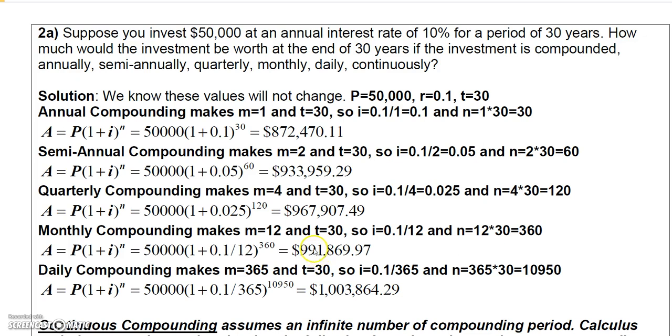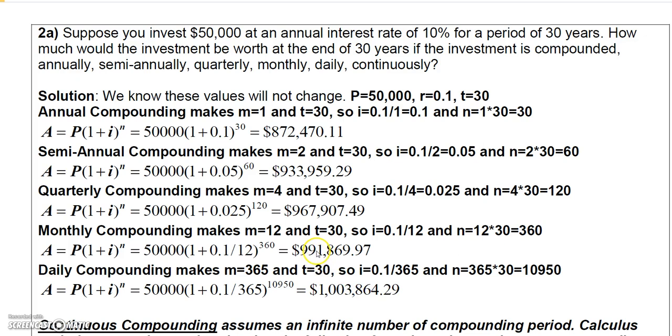Okay, now finally, let's go to daily compounding. If you do daily compounding, then that would mean M is 365. So I would be 0.1 divided by 365, and N would be 365 times 30, which is 10,950. So replace I with 0.1 over 365 and N with 10,950, and I get a little bit over $1 million here.